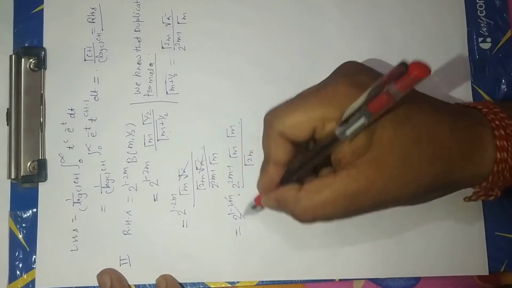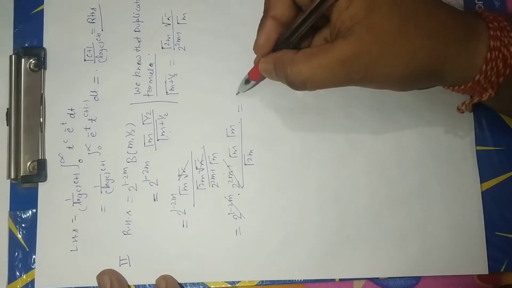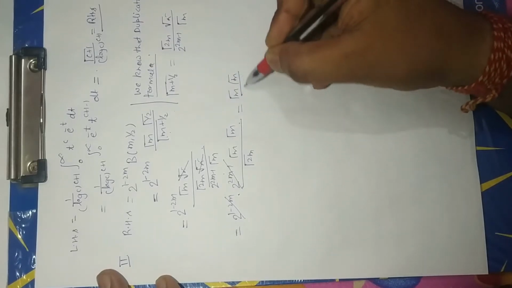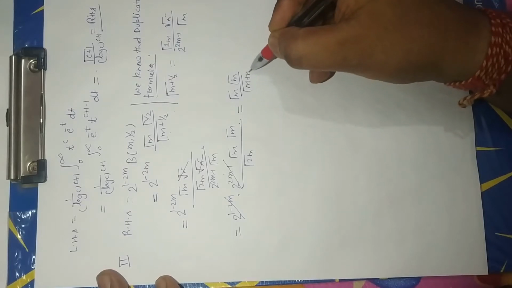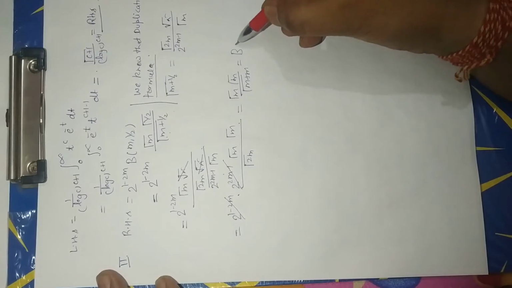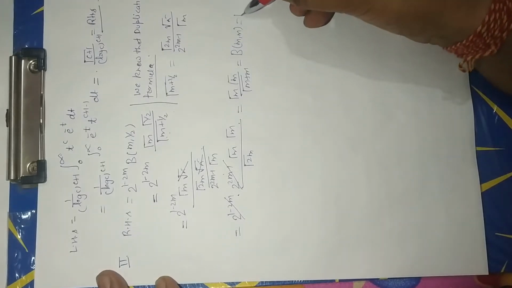This cancels by this. Now this is equal to gamma m upon gamma m plus m, that is beta B(m, m). This is equal to the left hand side.